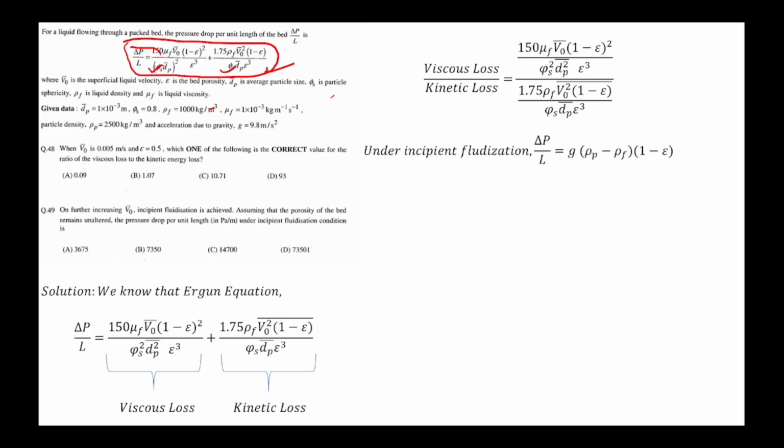So this is the equation for incipient fluidization. We just put in all the values we have. This is the answer. Okay, so a very straightforward question, nothing else. The concept is that you must know the viscous loss and kinetic loss terms in detail.